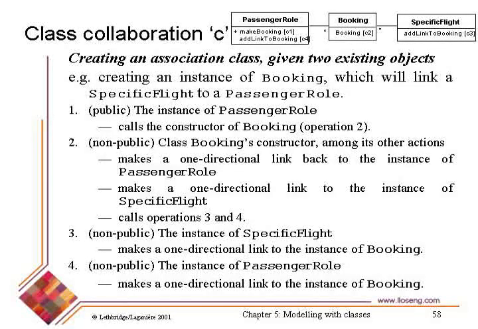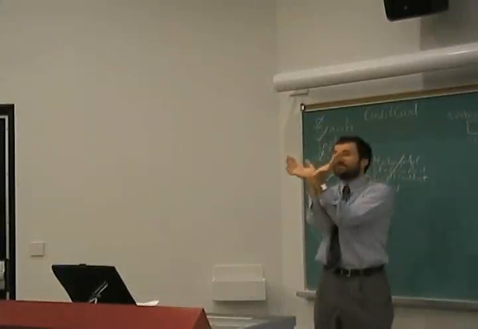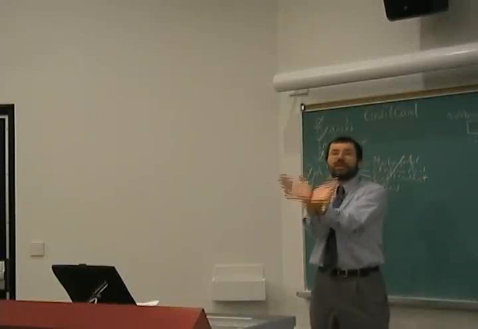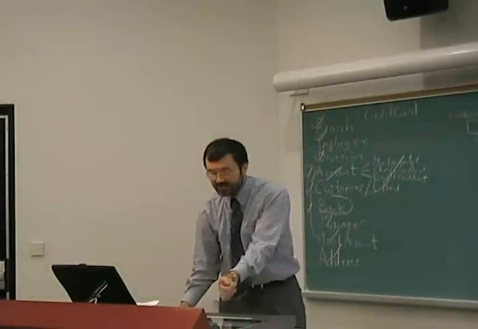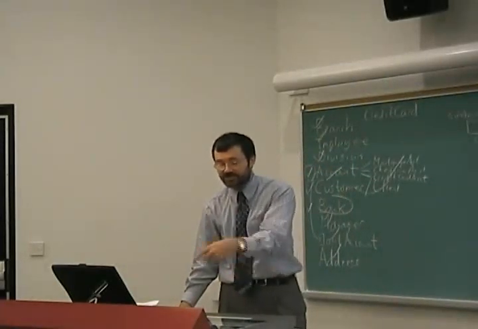Remember, the entire thing that's going on here is this method make booking. Make booking is being called, and make booking calls the constructor, and eventually the constructor returns after all the work is done, and then make booking returns. So make booking is the main program of this responsibility. By the time make booking returns, the booking's constructor has called another method of passenger role, add link to booking, to make the connection to booking.